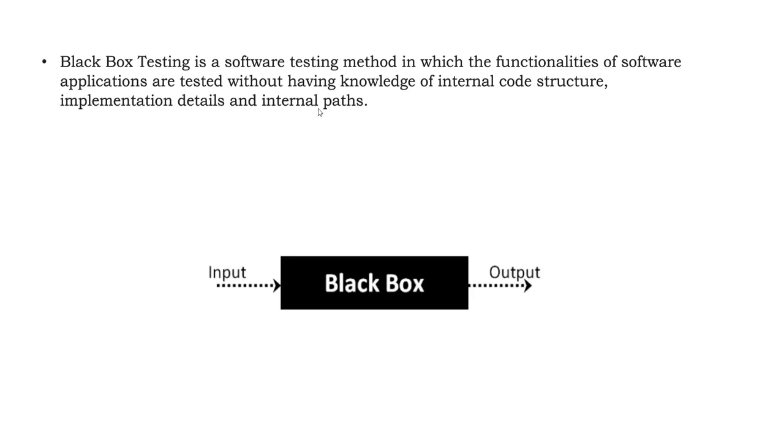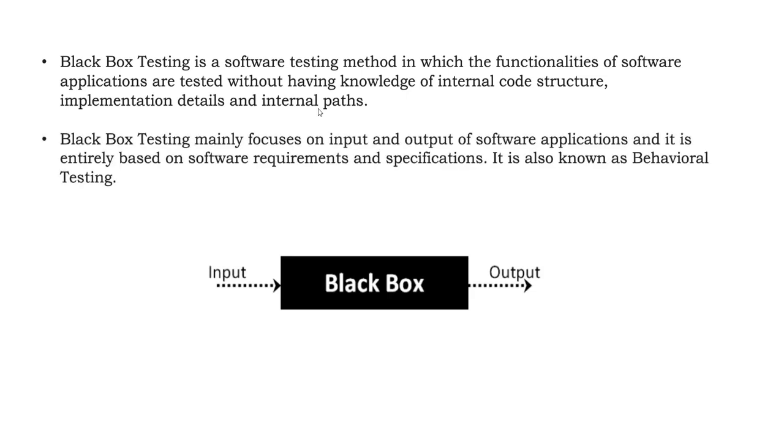What method is being used, what method is being called, all these details we will not be knowing. For us, it is just the functionalities, how the functionality is working. So, without the internal code knowledge, we will check the implementation and the internal parts. I mean, the detail of the implementation overall is called black box testing.